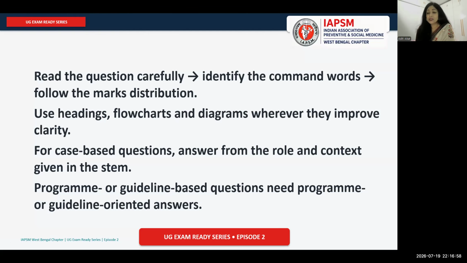Well, first and foremost, the disclaimer. Here we are not to tell you exactly the ideal answer. But what are we going to discuss? Mostly focusing on how best to approach any question. Because just as the content of the answer is important, so is the structure.